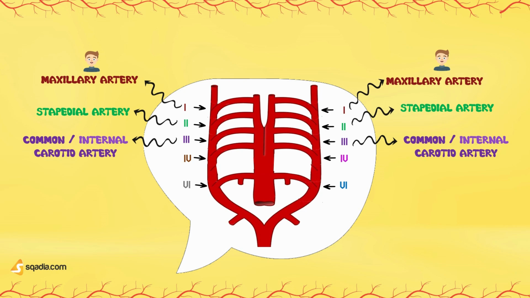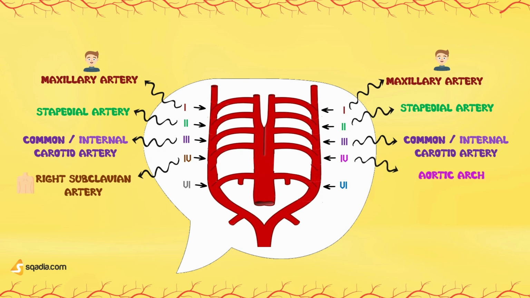Then, there is the aortic arch 4. Now be specific about the aortic arch 4 of right side and the aortic arch 4 of left side. Aortic arch 4 of right side becomes the right subclavian artery. Aortic arch 4 of left side becomes aortic arch.